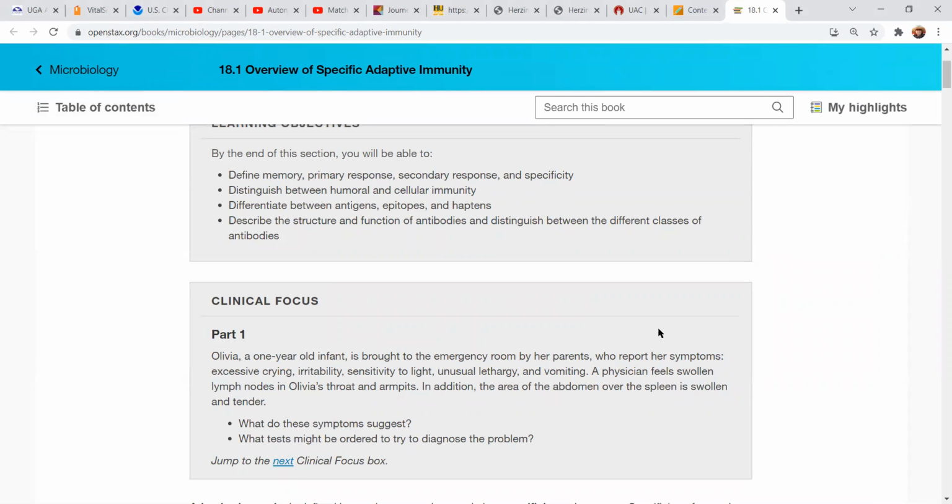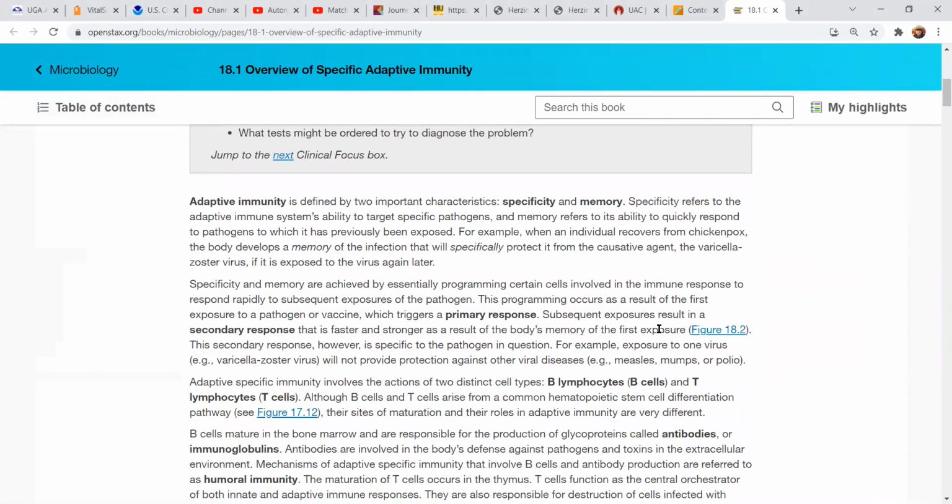So when we start looking at adaptive immunity, we're going to see two very different qualities: specificity and memory. Specificity is when the cells of the immune system are going to target very specific pathogens.